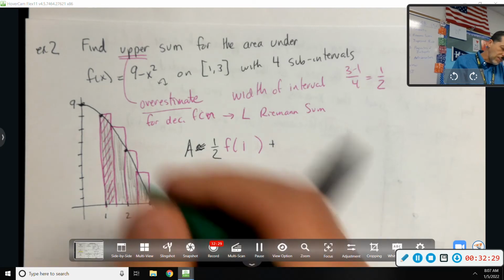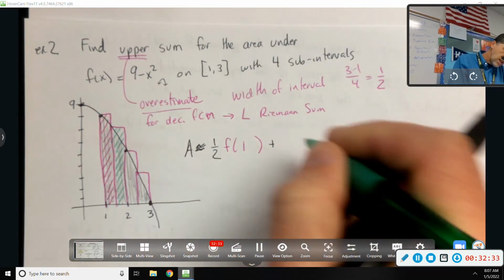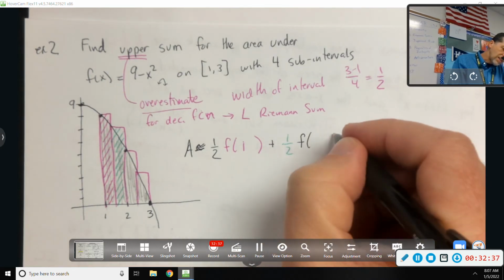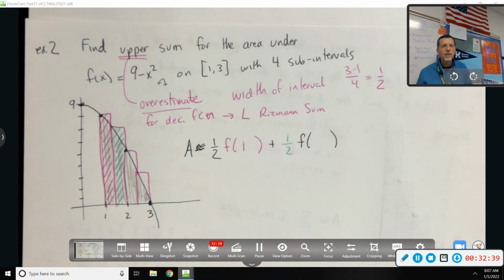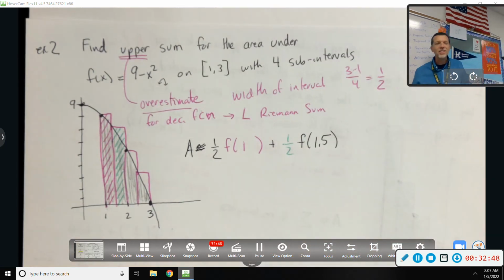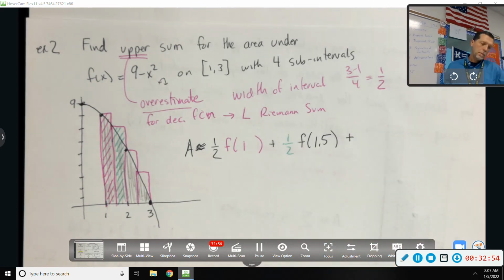The second rectangle has a width of 1/2, and we'll grab the height f at 3/2 or 1.5. You guys with your fractions, that's good that you like fractions. Yeah, I'm confused how you're doing this.